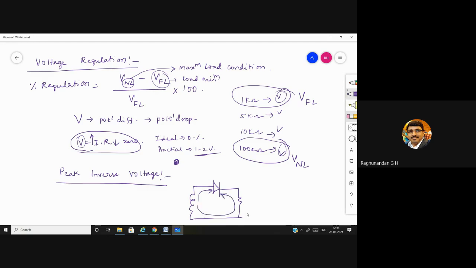Because of that, whatever voltage appears across this will be the same voltage we had in forward bias condition. If you had the voltage as Vm in forward bias condition, what will it be under reverse bias condition? Minus Vm.